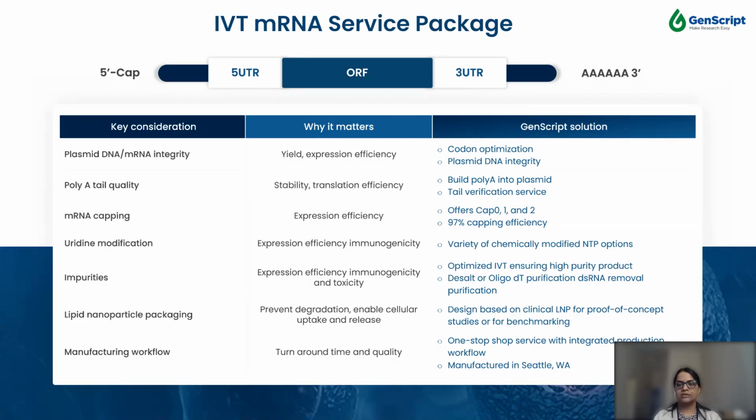So mRNA synthesis is a multi-step process, and before sourcing high quality modified mRNA, small or large scale, crucial factors like plasmid and DNA integrity, poly-A tail quality, mRNA capping capacity, uridine modification, impurities, lipid nanoparticle packaging, and manufacturing workflow should be considered to get a quality product at the end, because all these factors affect the end product quality, yield and expression efficiency or translation efficiency, stability, and toxicity.